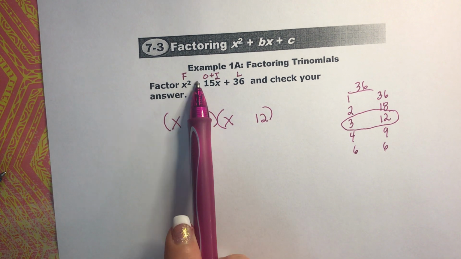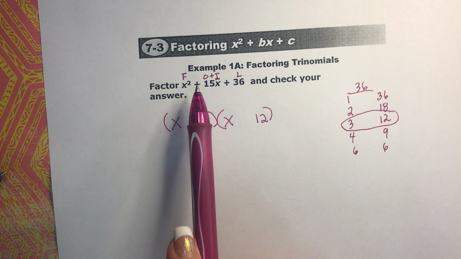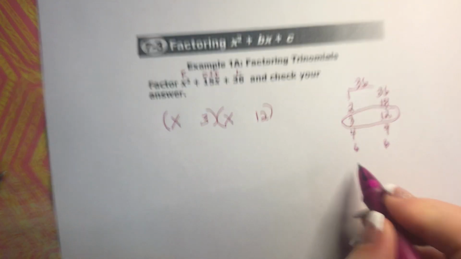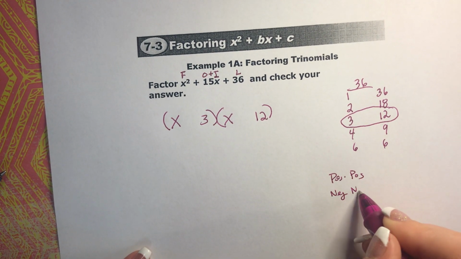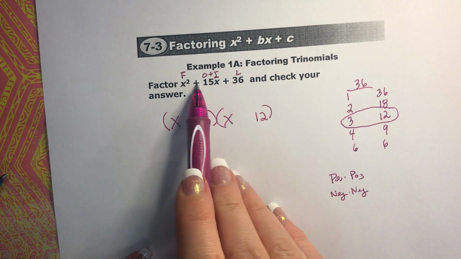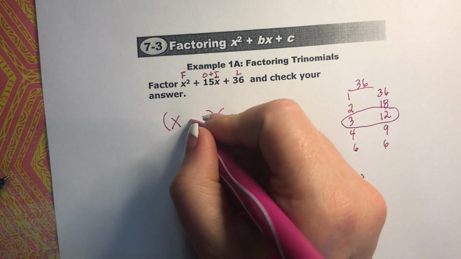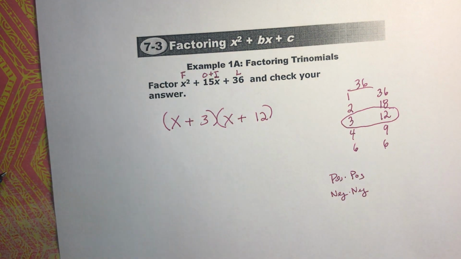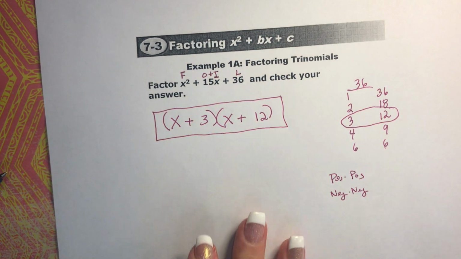So the only way you can add and get a positive number is by adding 2 positive numbers. So we know the signs both have to be positive. So that is our answer. And then let's go ahead and check it.